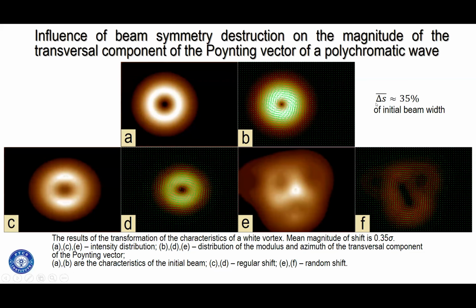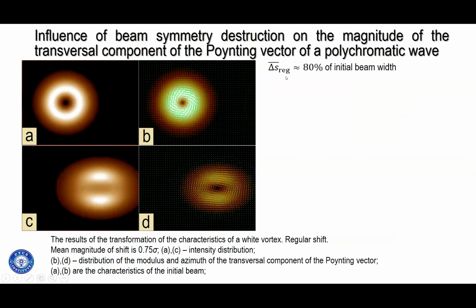The shift is about 35%. Here we practically don't see a minimum, and for the random shift we can state that the behavior of the pointing vector is practically destroyed relative to the initial distributions.